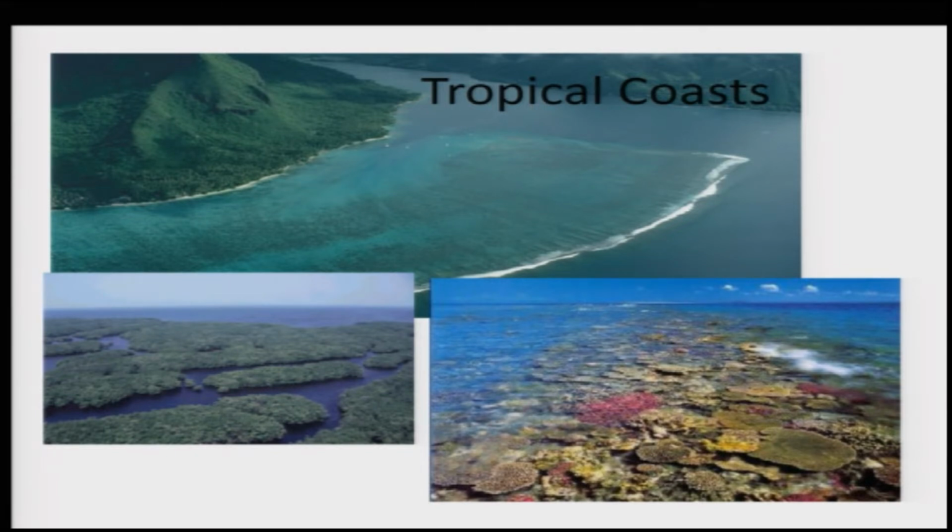This photograph is again what we discussed about the mangroves. Mostly in the tropical regions you will see mangrove areas. Along with that, the most important feature we will come across is the coral reefs.